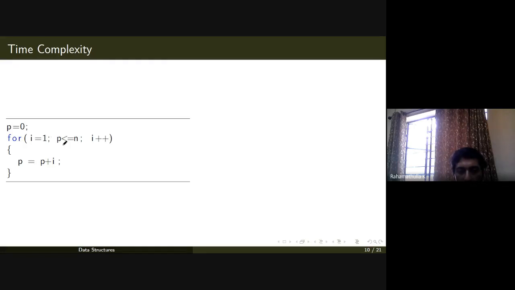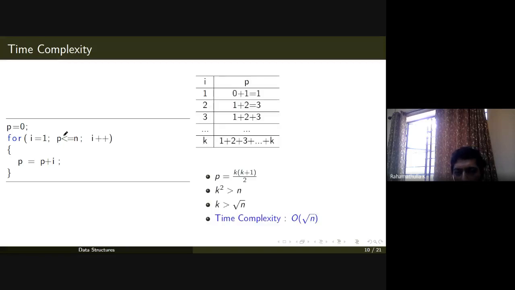Then this is the condition p less than or equal to n. Then we will see how many times this set of statements or this particular code block will be executed. Once again, if you trace this algorithm, you can see that i can take values from i equal to 1. Then p can take value like 0 plus 1 equal to 1. When i equal to 2, 1 plus 2 equal to 3.